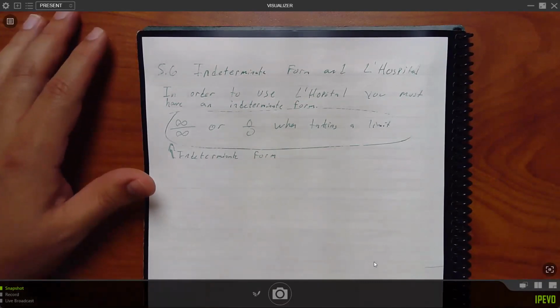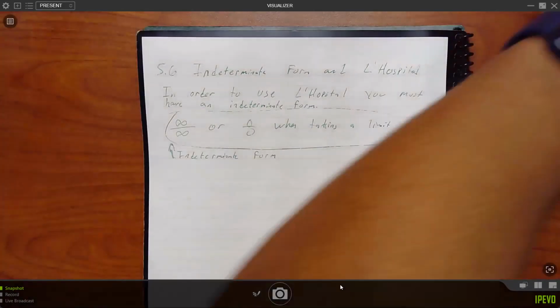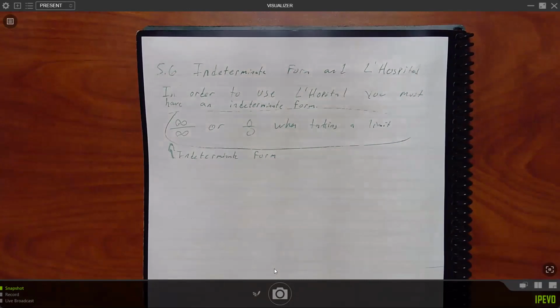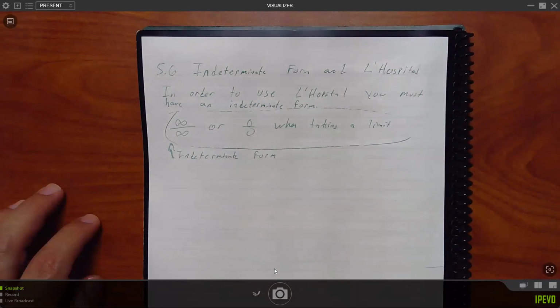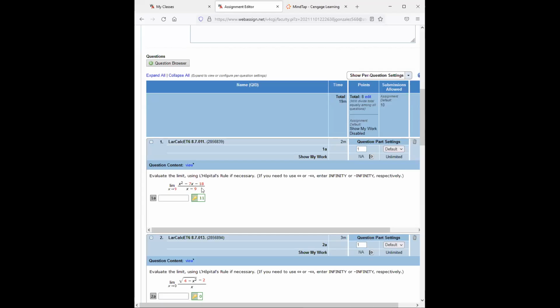So, okay. Let me write down the question. Okay. All right, so here it says evaluate the limit using L'Hopital if necessary. So sometimes you can just plug it in and you're done. It may not be necessary. That's example 1.